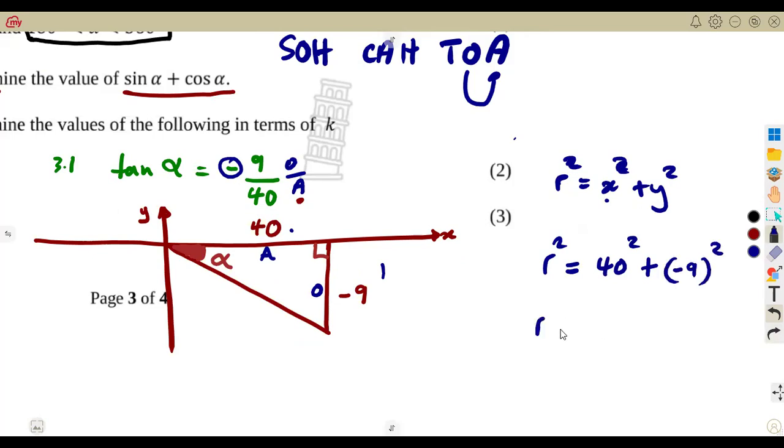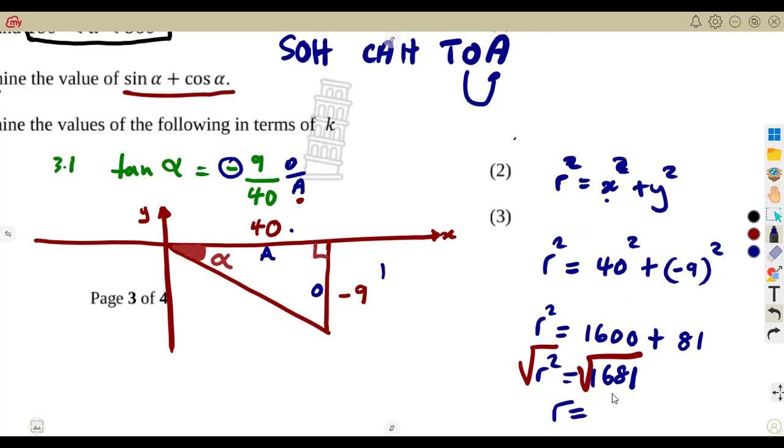Try to simplify this. 40 squared is 1,600. Yes, they say do not use a calculator, but these ones you can simplify with your calculator. Do not worry about this. Add these two and you're going to have 1,681. To find our hypotenuse, which is r, we introduce the square root. So r is equal to 41. Remember, the hypotenuse cannot be negative, it's just positive values. So that is 41. That is our hypotenuse, guys.